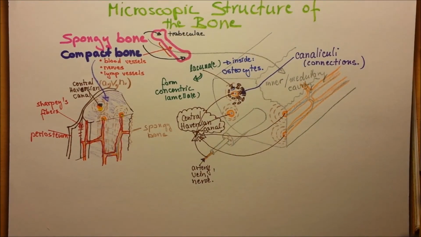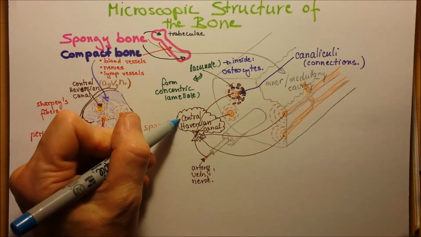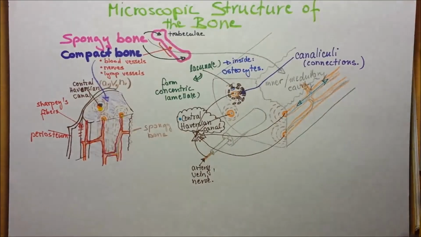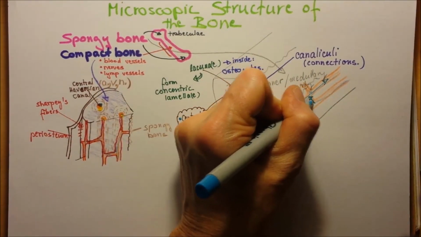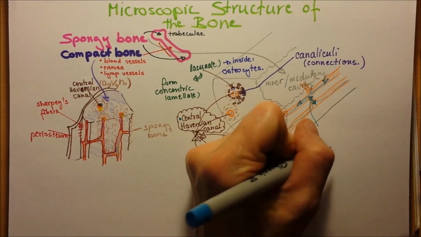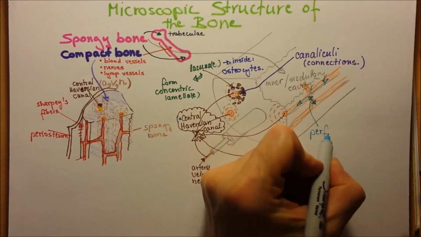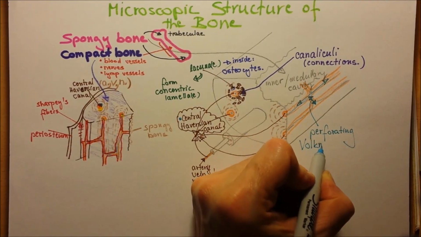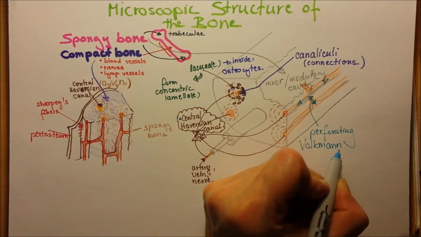They connect the lacunae all together because the supply comes from the central Haversian canal, and the food is given to all of the osteocytes, even those farther away from the central canal.